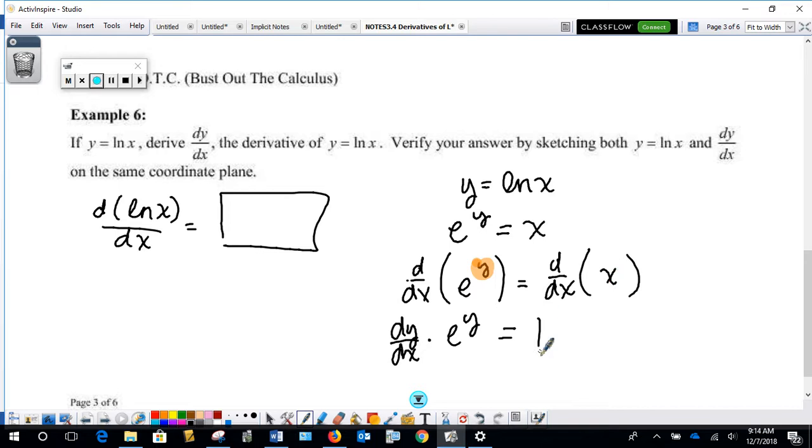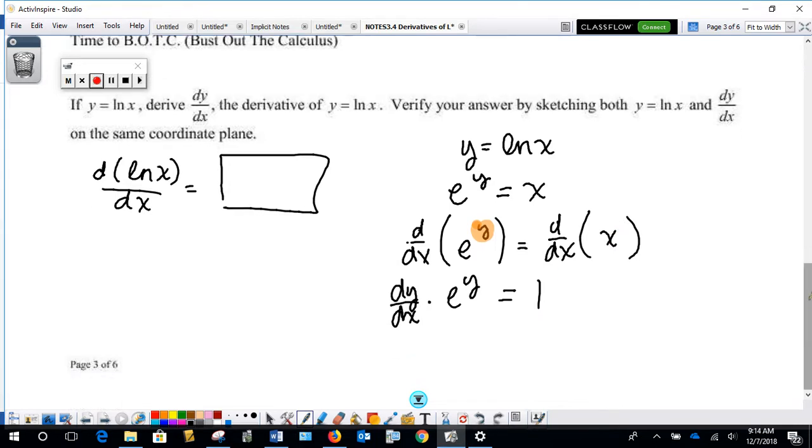I was trying to find the derivative of the natural log of x, the y up here. Now that I have done this, I can just solve for dy dx.